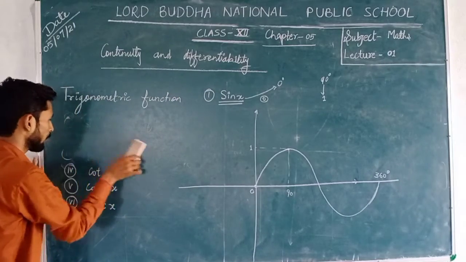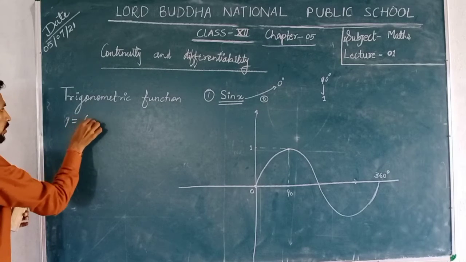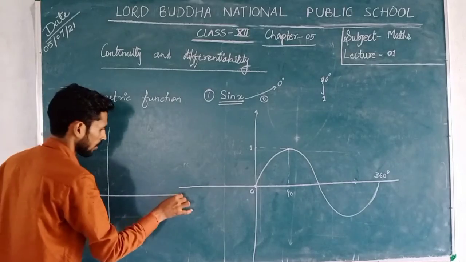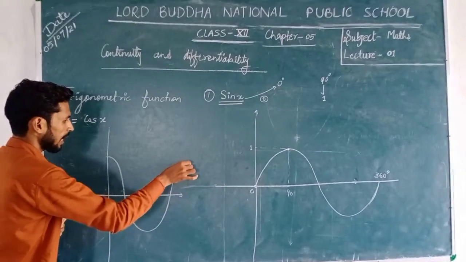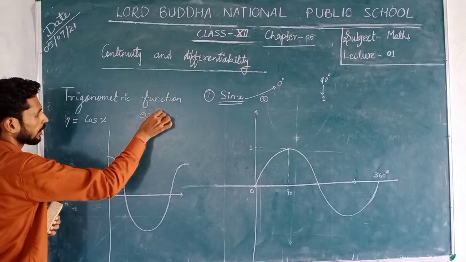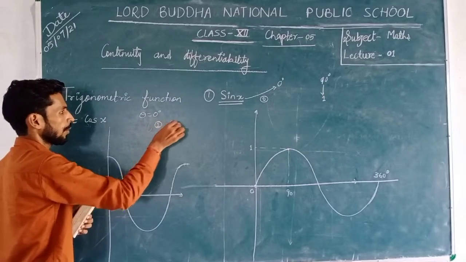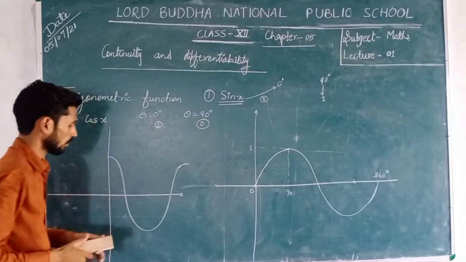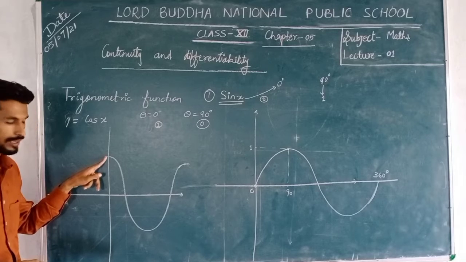But if we are taking y equals cos x, then there will be a graph like this. This is the graph of cos x, because at theta equals 0 degree, the value of cos 0 equals 1, but at theta equals 90 degree, the value will be 0. So now at the point of theta equals 0, the value of cos x is 1.